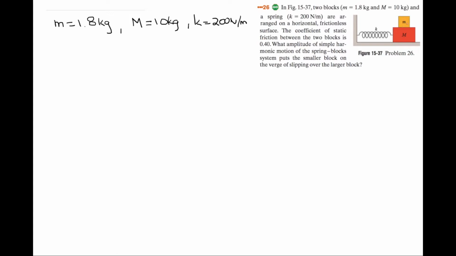The reason this block doesn't slip is because there is a friction force acting left on the bottom of the small block, opposite the direction that the block wants to move. So the only way this block will move is when the spring force is bigger than the static friction force.